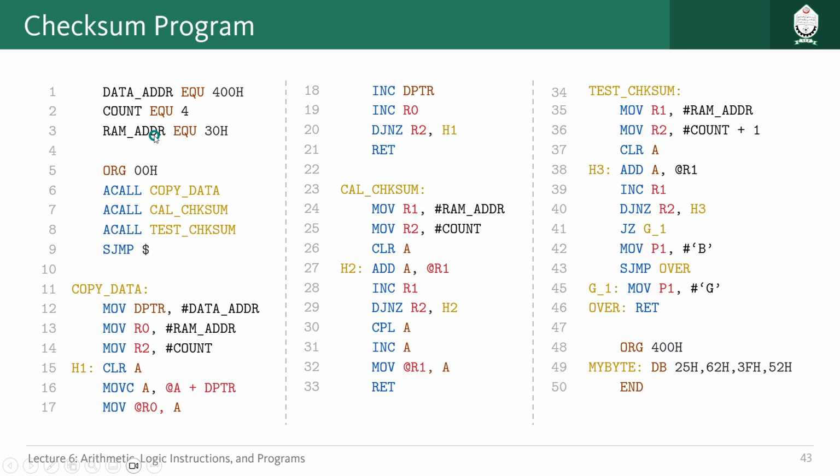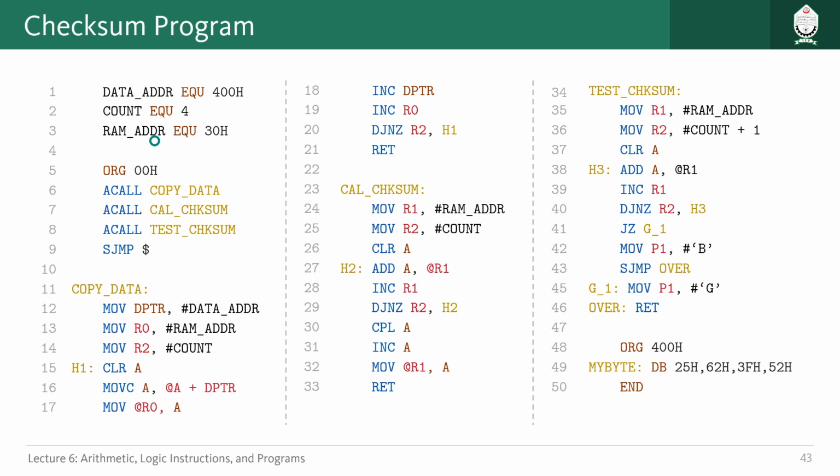We will discuss those as we move on, but here we can already say that one of the tasks we will have here is to actually move the data we have in code memory onto RAM locations. So we will try to store those data in RAM locations 30H, 31H, 32H, 33H. So in these 4 locations we will try to save these 4 values. That's why we have this particular constant here.